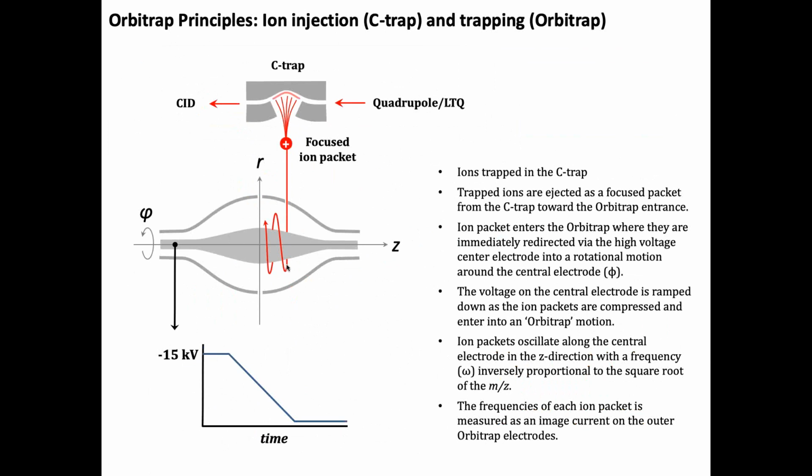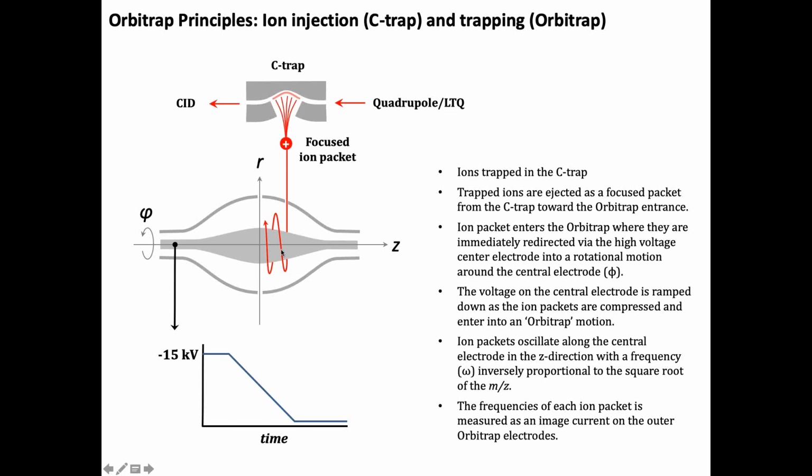As soon as they get to a certain distance, they feel that really high negative 15 kilovolt voltage. And as soon as that positive ion packet feels that negative pull, it starts to turn and loop around, and that constant loop forms this motion, that theta, or delta, I guess that's a delta, around this z-axis, okay?